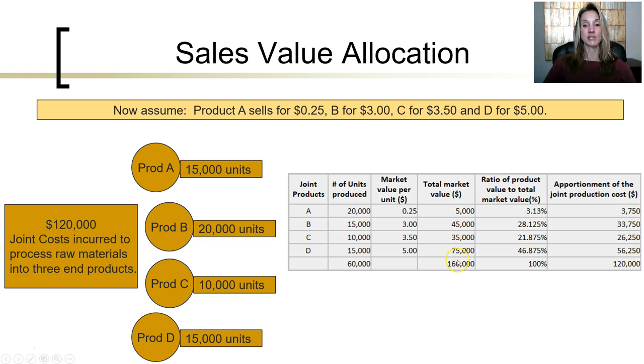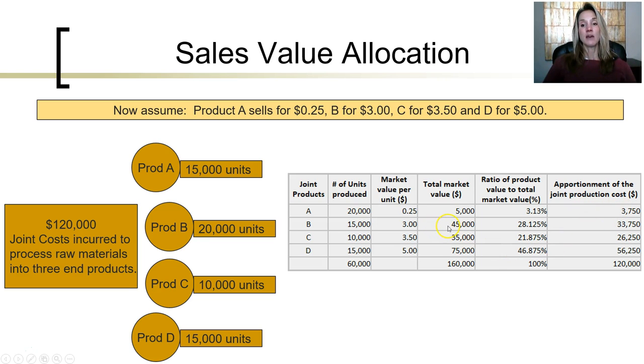Of that $160,000, product A is $5,000 worth of it. The $5,000 sales value of A divided by the total value of $160,000 means A's value as a portion of the total is 3.13%. Thus, A is going to be allocated 3.13% of the joint cost of $120,000, or $3,750.